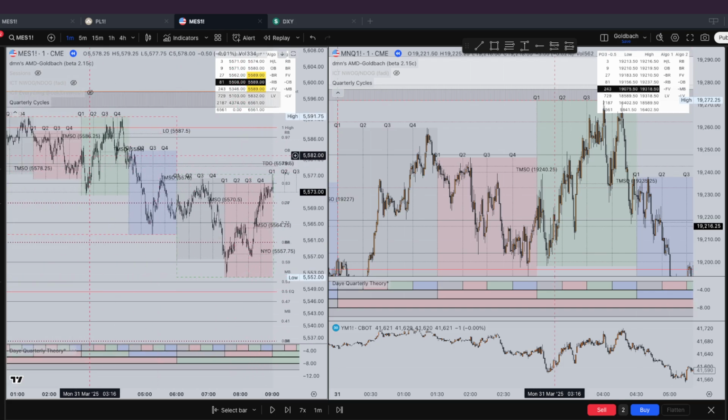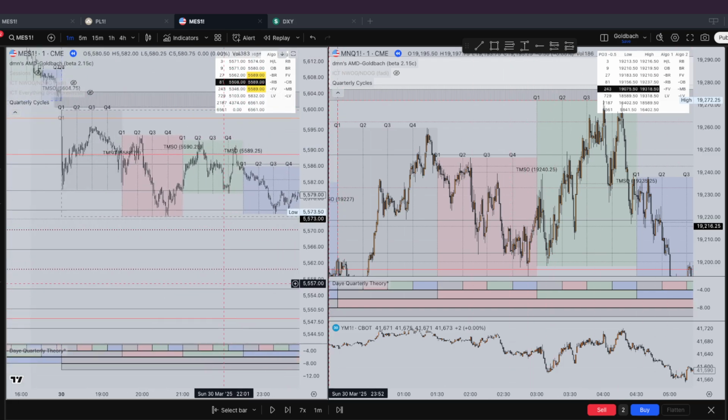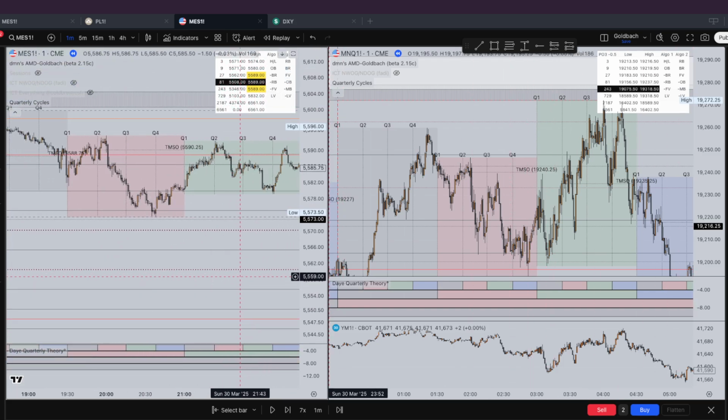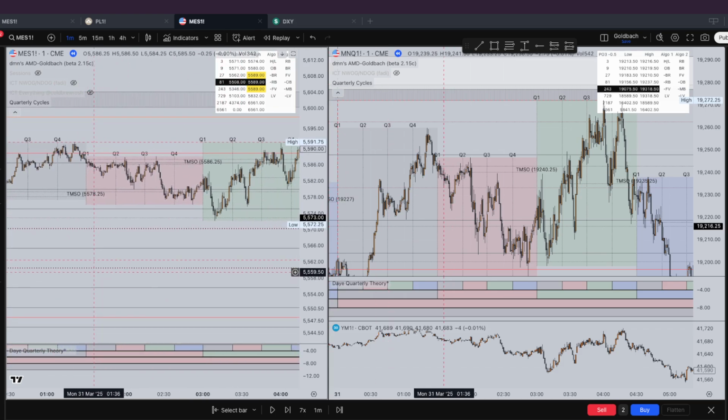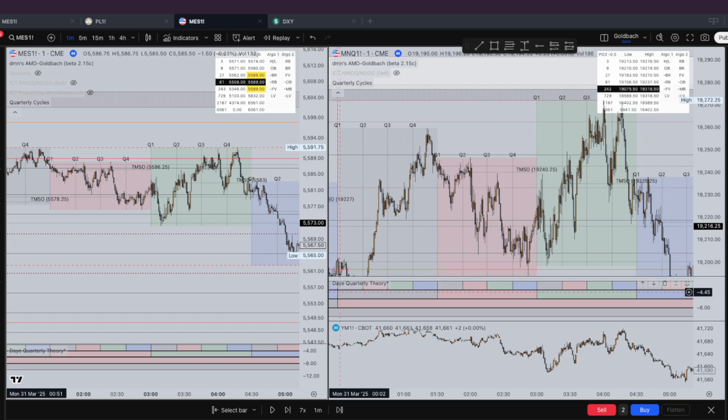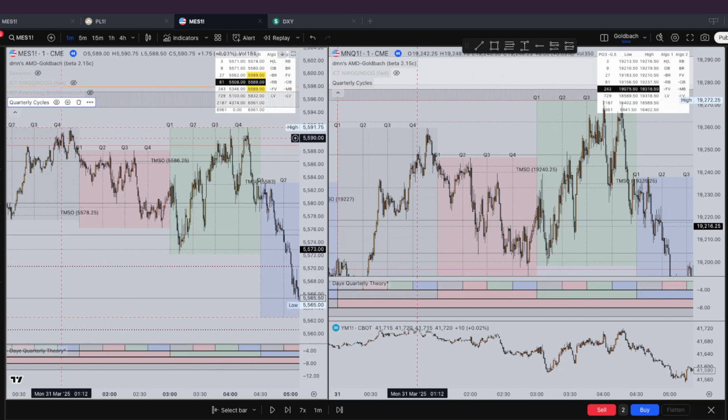Okay, so we will be somewhere here, here or here. So this is the same price action. We have the session liquidity here.